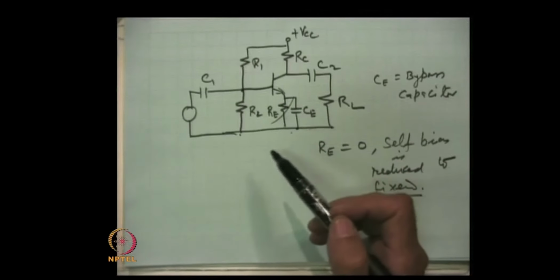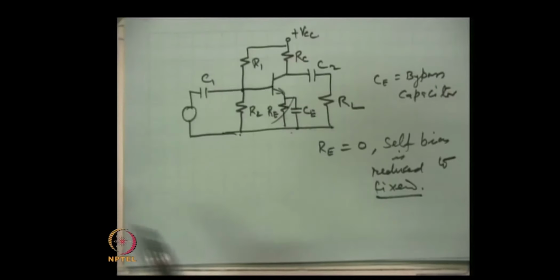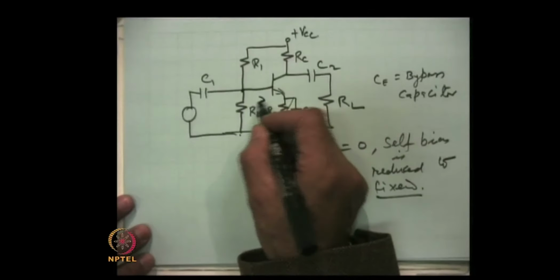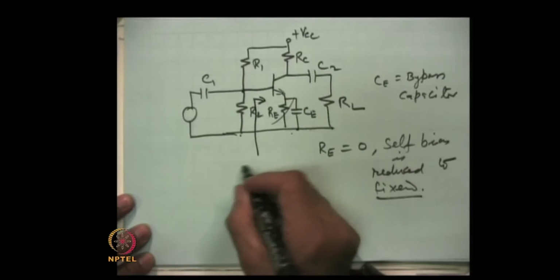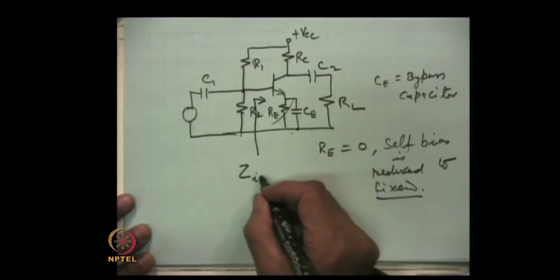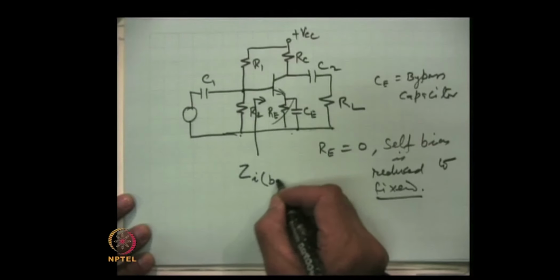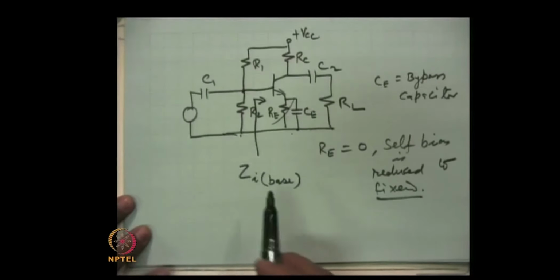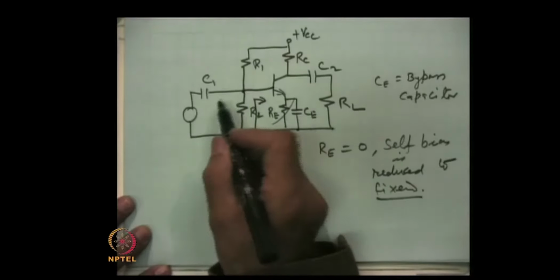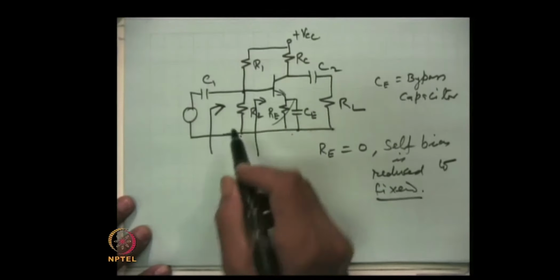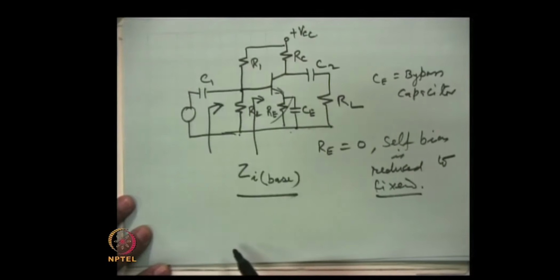Another significant point: the impedance which we have just determined above, the impedance looking in here, we called Zi base. Looking into the base, I am discussing the CE amplifier, which is most important, and the actual input impedance will be when we include the effect of this.